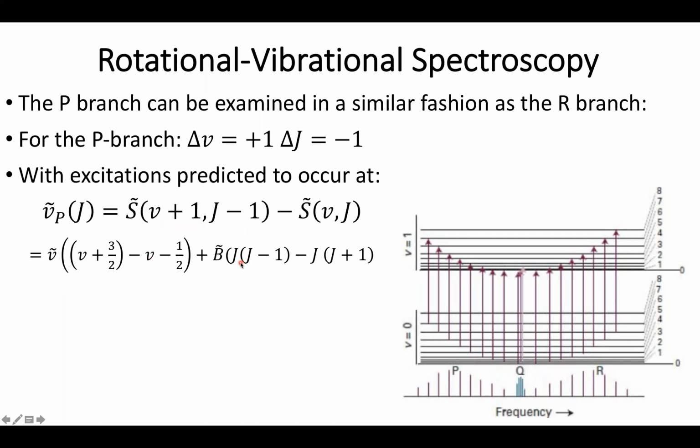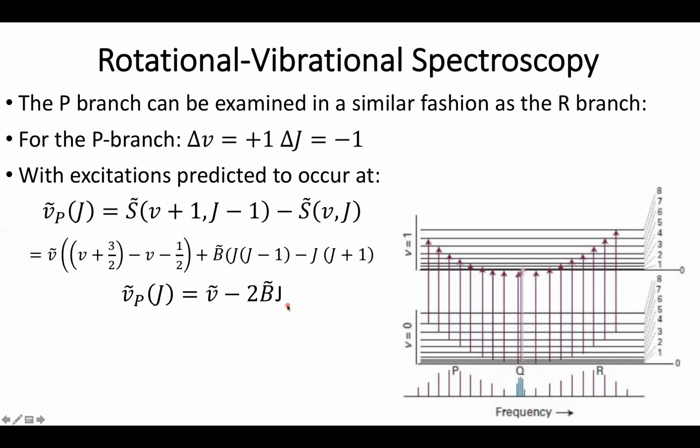Here, our difference becomes a little bit more fun, as our excited state now has an energy provided by J times J minus 1. Now, this one's actually a little easier to do, but it still requires some distribution. However, through distribution and simplification, what we find is the rotational term is going to be twice the rotational constant times the rotational level.